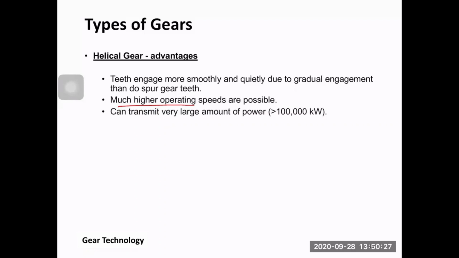They can also transmit very large amounts of power, almost double the amount of power that can be transmitted by the spur gear. The load distribution also produces less wear because the engagement between the teeth is gradual.